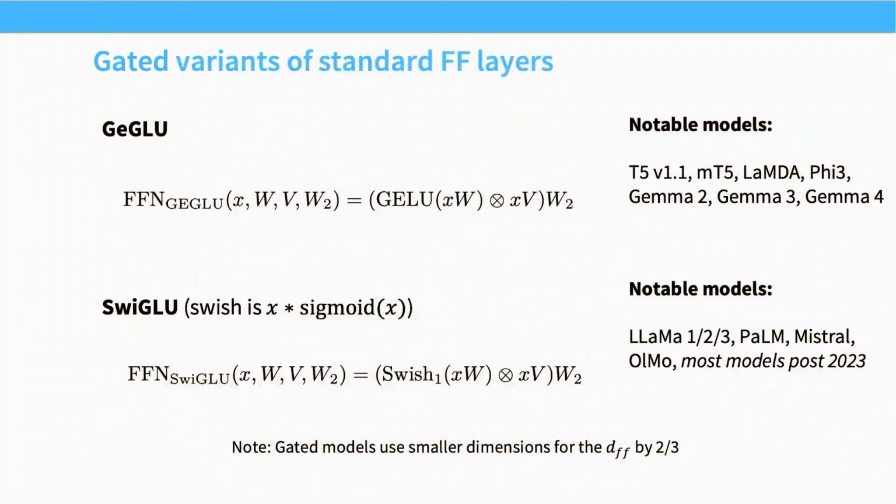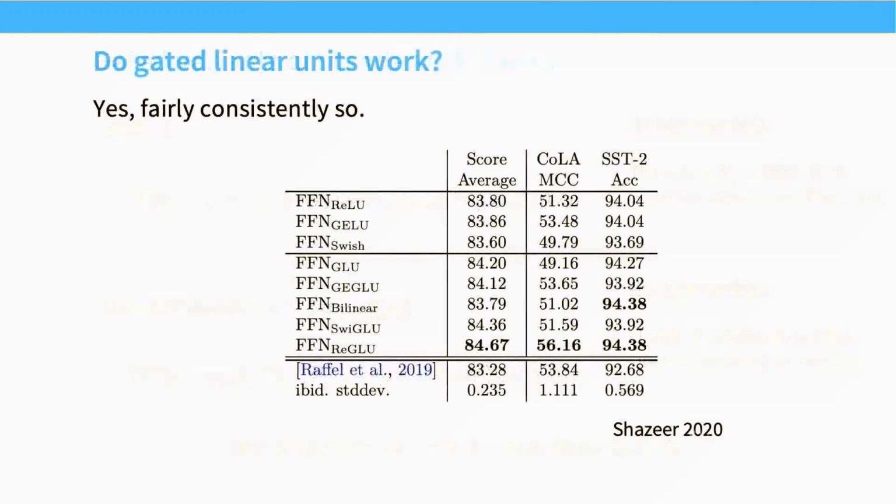What you should do is maybe use a smaller feed-forward dimension, by a factor of 2/3, in order to keep the total parameter count the same. So the idea is, I want to keep the same number of total parameters as my original MLP, but I now want to make it gated. So I'm going to make the feed-forward dimension, which is the output dimension of this W, a little bit smaller by 2/3. This is a general rule of thumb that people have followed, but it's not really an iron rule.